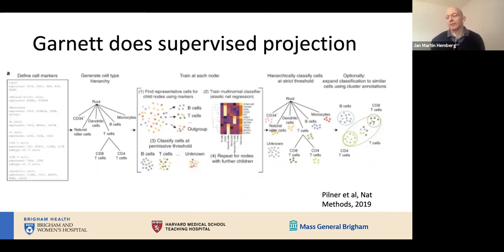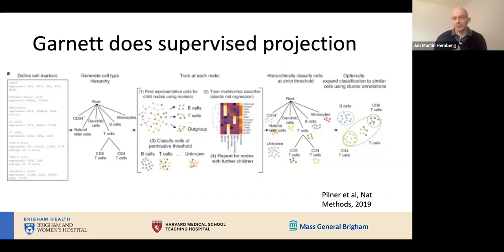There is, of course, as you know, a lot known about various marker genes and so on for existing cell types. So it would be useful if we could take advantage of that information when we try to do this projection or mapping. There are methods for doing that, which I label as supervised projection methods. One such example is Garnet.